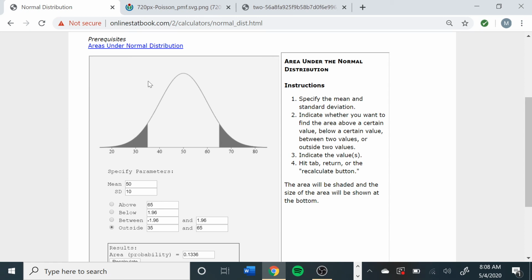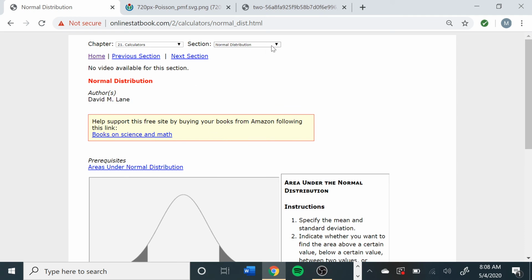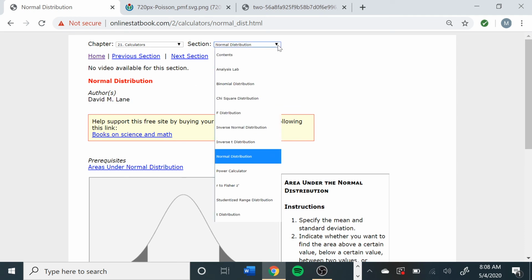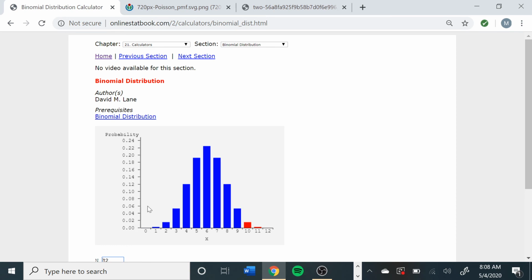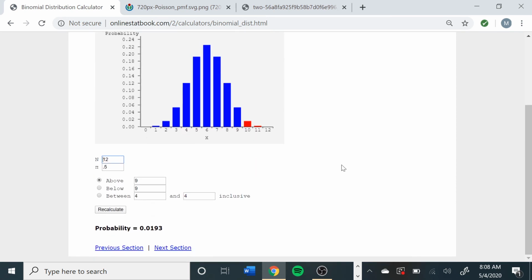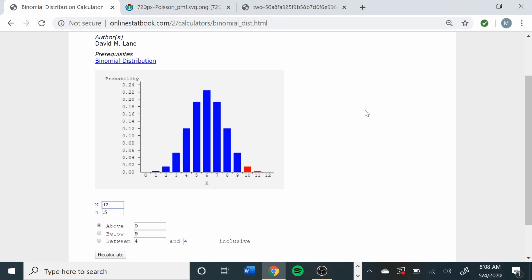So this is a model of all the butterflies with means of 50 and standard deviations of 10. That's what this is. All the butterflies that have ever existed. Before, when we were looking at our binomial distribution, this is a model of what happens with flipping a coin if we flip it 12 times. This is how often heads are going to come up. That holds forever and ever. So that's what a probability distribution is.